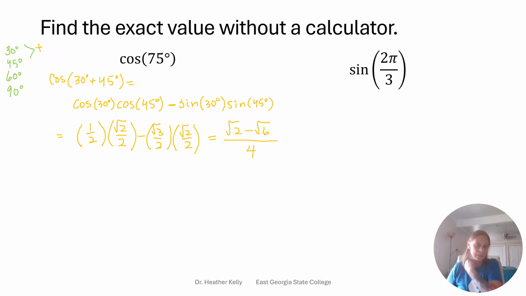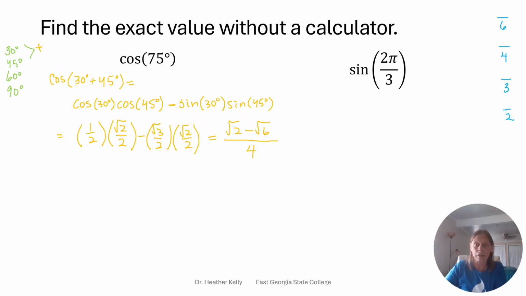Now keep in mind here, I'm only going to talk about the denominators that we're working with, is we work with over 6, over 4, over 3, and over 2. These are the denominators that we're working with, and we need to get a denominator of a 3 out.